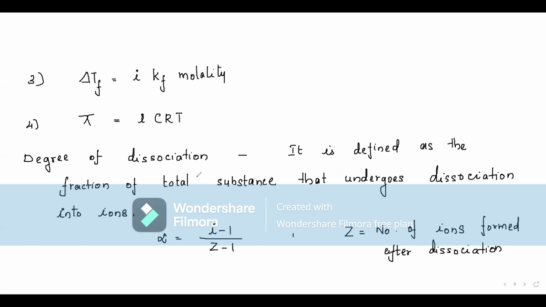Depression in freezing point. The third colligative property that we studied, delta Tf is equal to I Kf into molality. Pi, osmotic pressure, the last colligative property that we have learned, pi is equal to I CRT. I Van Hoff factor, C concentration of solution, R universal gas constant, T is the temperature in Kelvin scale, absolute temperature.